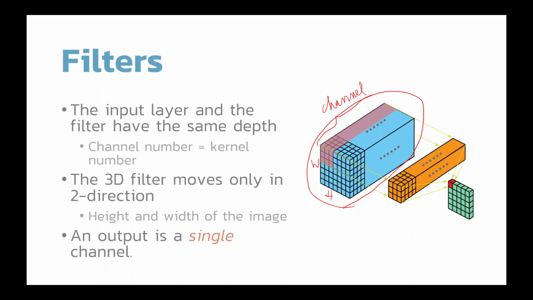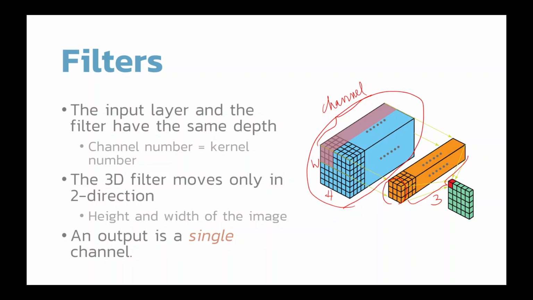The filter would be a smaller size in terms of width and height, but it should have the same depth, the same number of channels. So this one will be 3 for an input image with 3 channels.